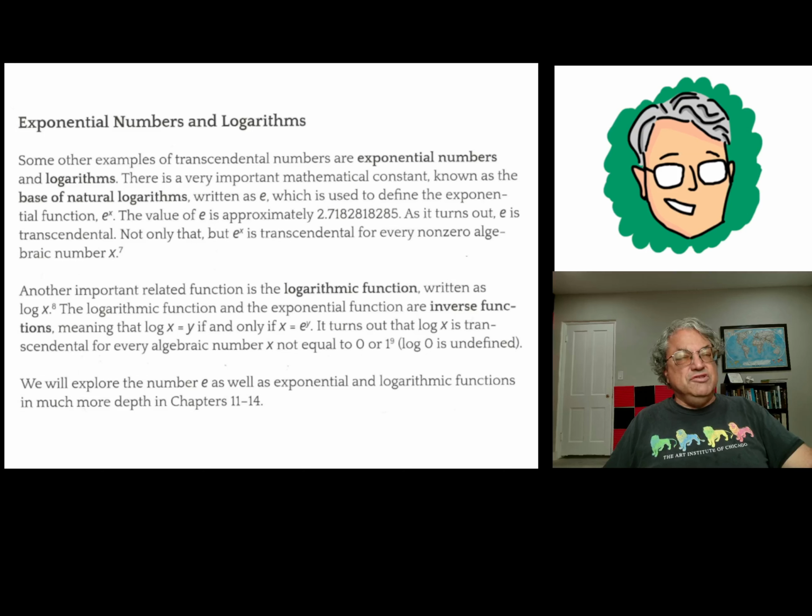It's a very rapidly growing function, by the way, and the bigger b is, the more rapidly it grows. If b is between 0 and 1, then it's an exponentially decaying function. I'm going to get into this in much more detail, I think in chapter 12, in volume 2, so I don't want to go into this now, but this is a little bit of a heads up.